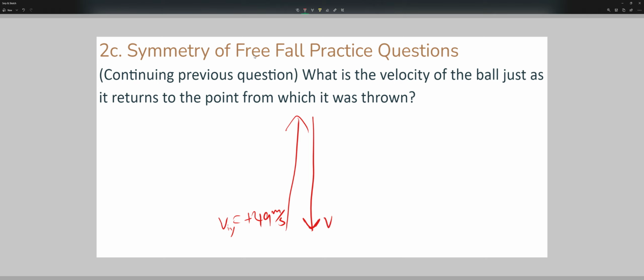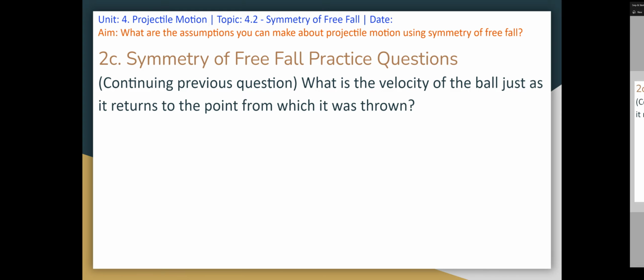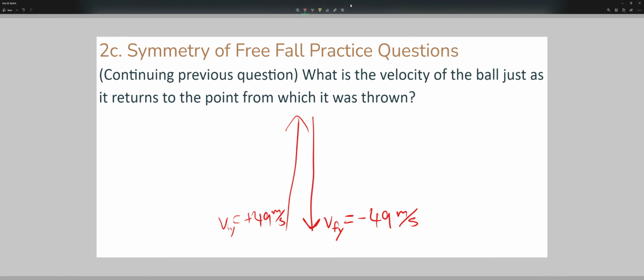Again, this is a symmetry of free fall assumption. My velocity is the same, it's just acting in the opposite direction, which is negative 49 meters per second. So it's pretty much the same, just opposite side. That's the velocity of the object once it goes back to where it started.